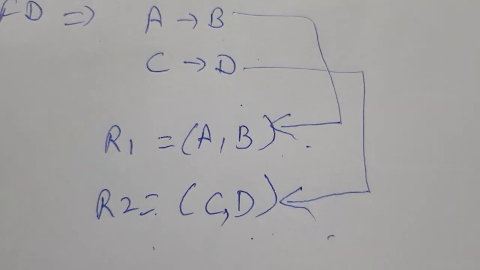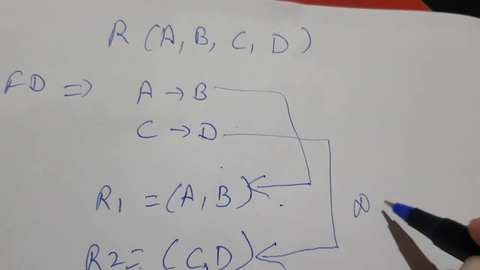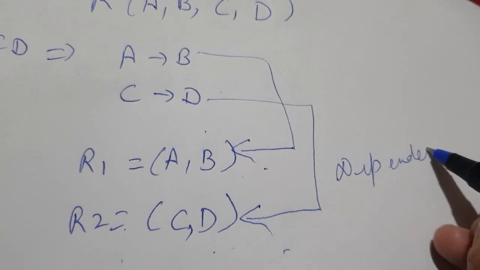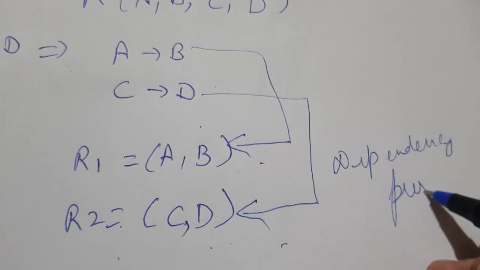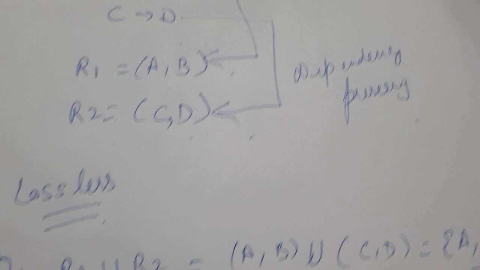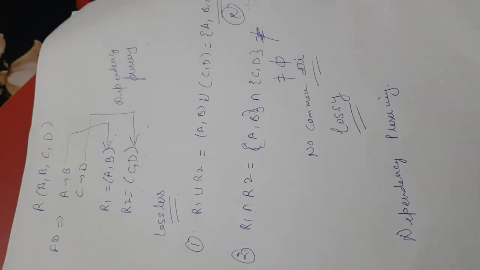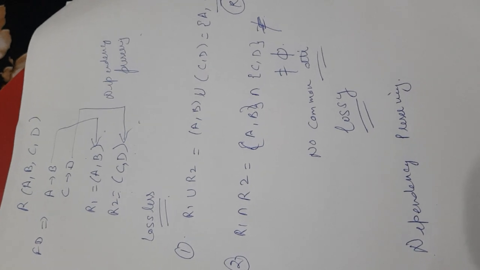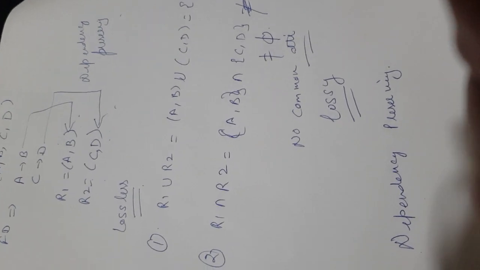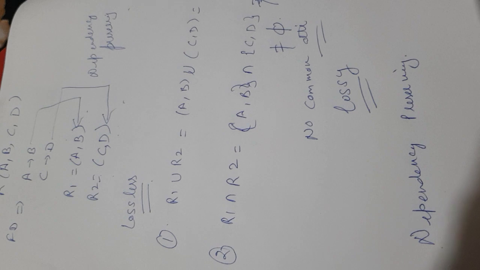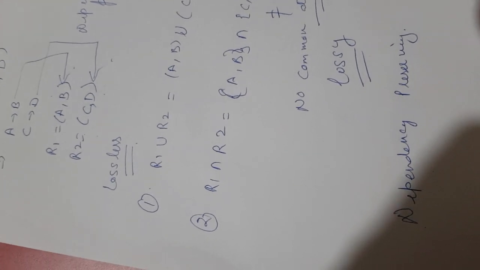So again this is dependency preserving. So we say this decomposition is lossy, but it is dependency preserving. Hope you got an idea how to find out dependency preservation and lossless and lossy decompositions.